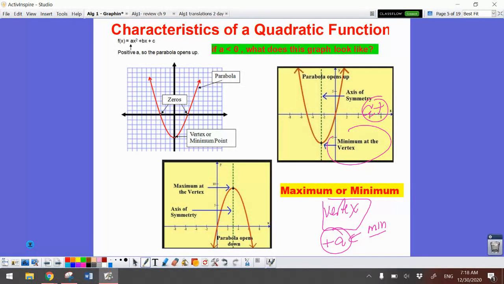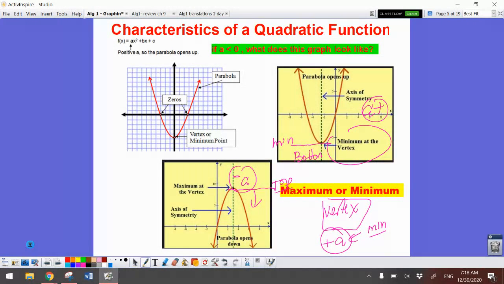If A is negative, then I have a frown, which is going down. We need to remember that a minimum is the bottom, and the maximum is a top, or the biggest number. The minimum is the smallest number, and the top is the biggest number.